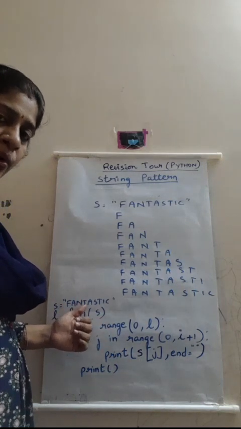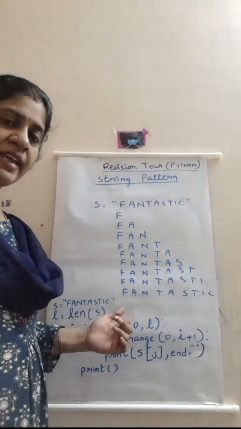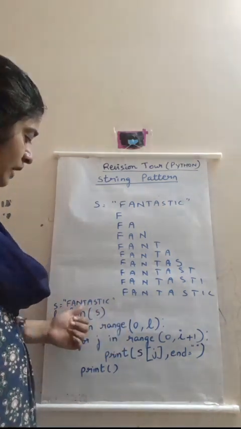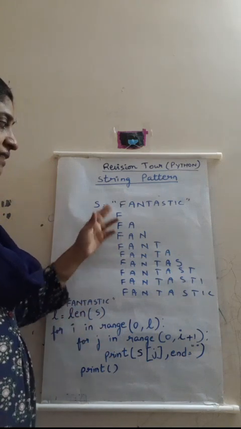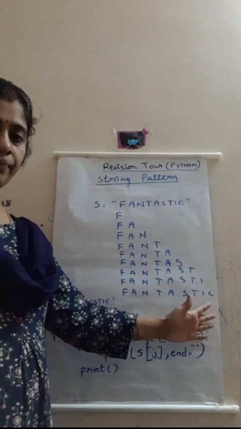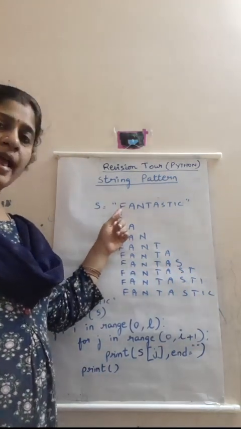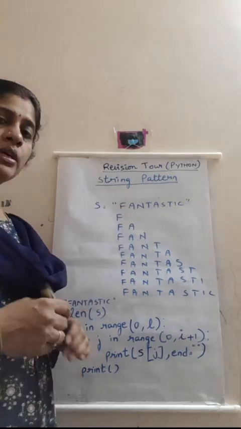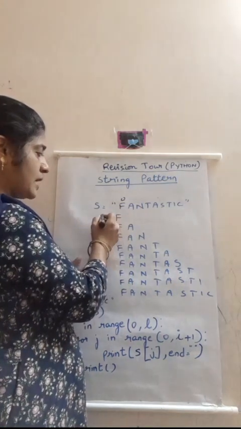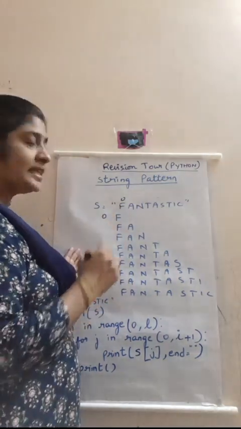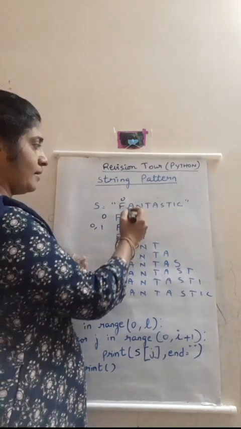You can write this program in a .py file and execute it. I have written s is equal to fantastic, and the very first thing is I have to know the length of the string. In the first loop I want to display f, that is, run the loop till index 0, and the second time I want to run the loop from 0 to 1.